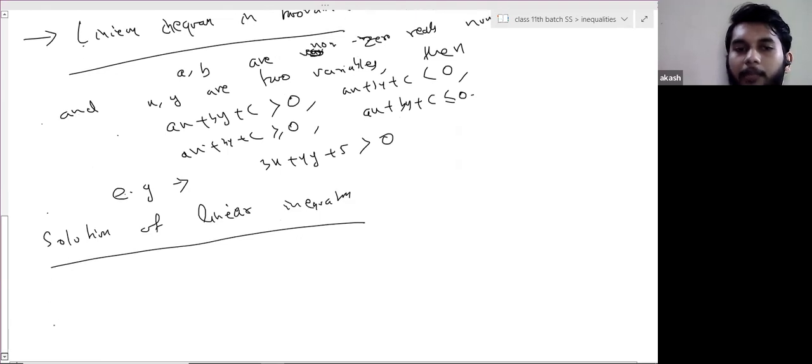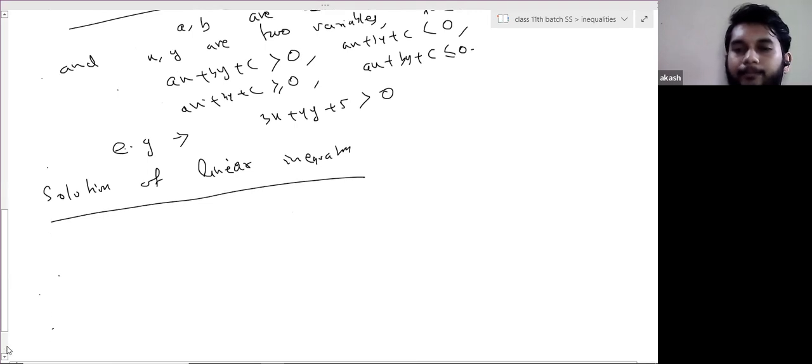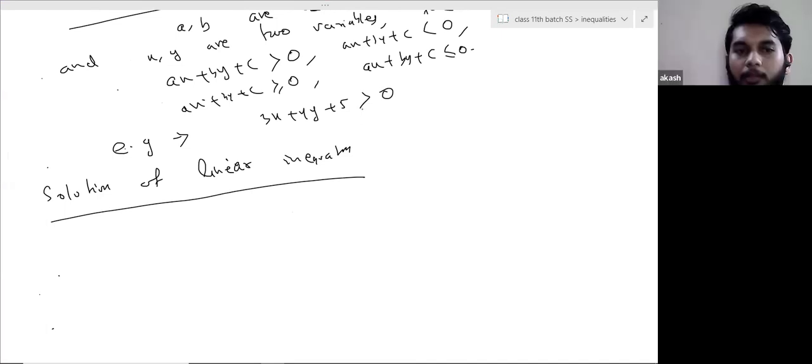Hiram, can you tell me what is the solution of a linear inequation? Values of the variable for which it is true. Absolutely right.